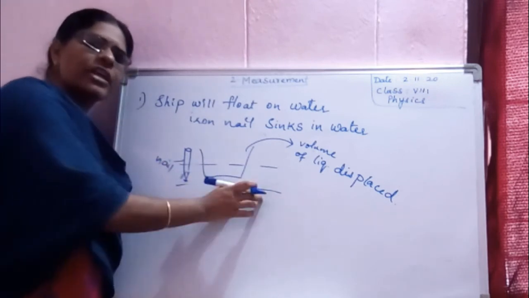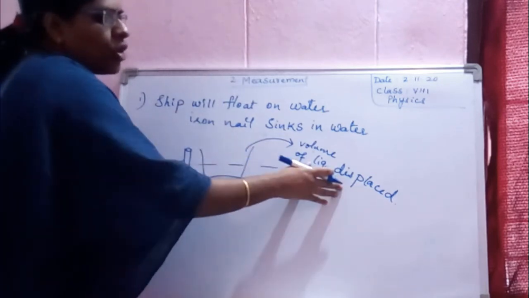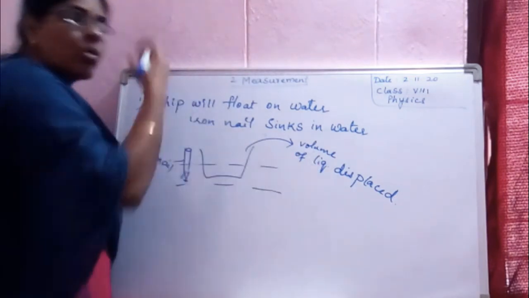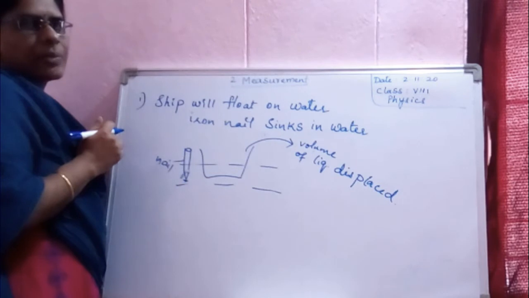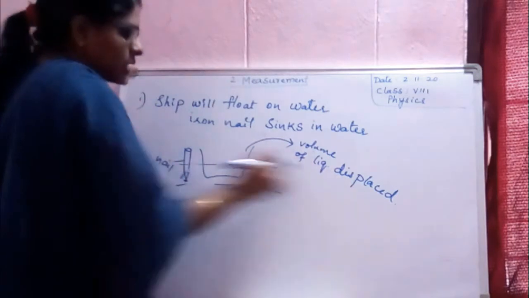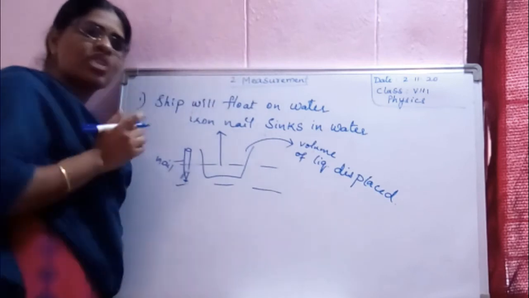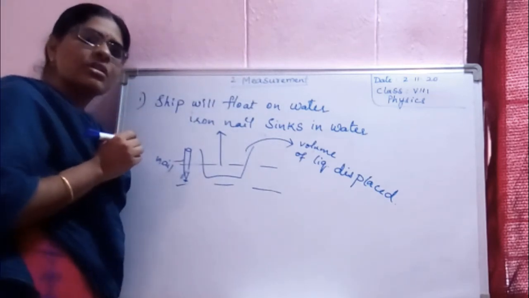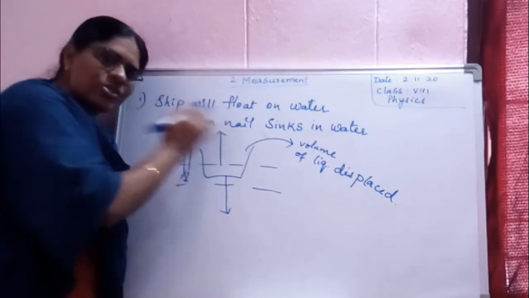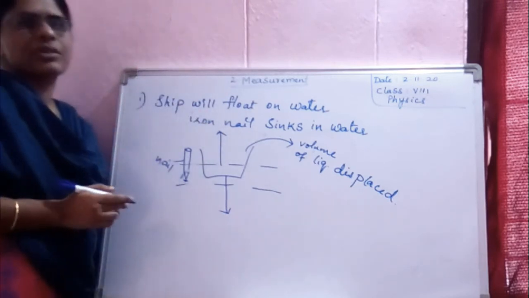In the nail or your ship? In the ship. Volume of liquid displaced is more. That means this volume of liquid displaced is nothing but you are having some force acting on the ship. What is that force? We have studied weight of the ship. Another force is acting on the object. What is that force? Buoyant force.